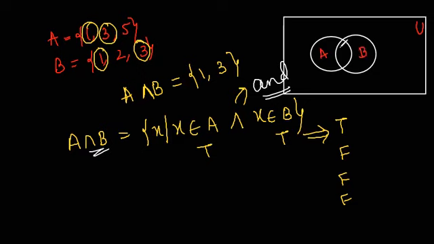Then the next thing is we have to shade. So which region should we shade? The region which should be shaded is the common part of A and B. So this is this part.